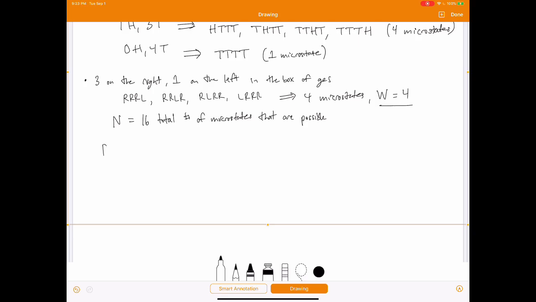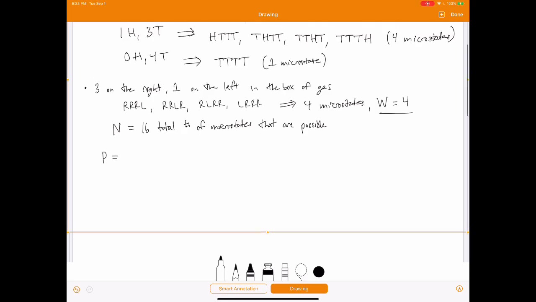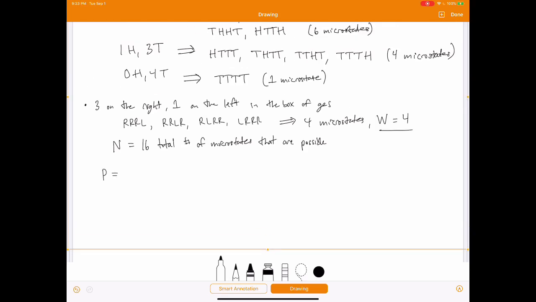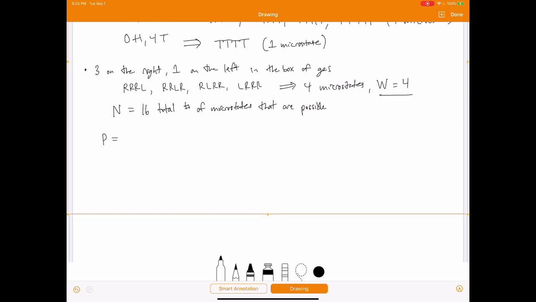So remember, the probability of seeing the gas with 3 on the right, 1 on the left is W divided by N, which is 4 divided by 16, or 1/4. So there's a 1 in 4 chance you'll see 3 on the right, 1 on the left.